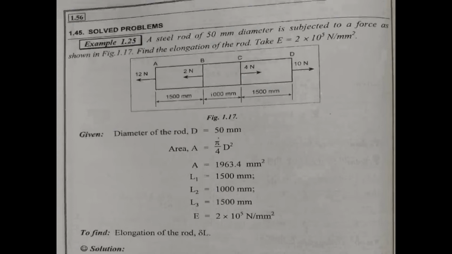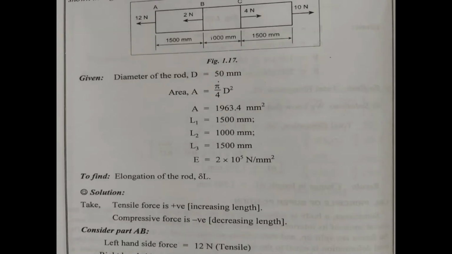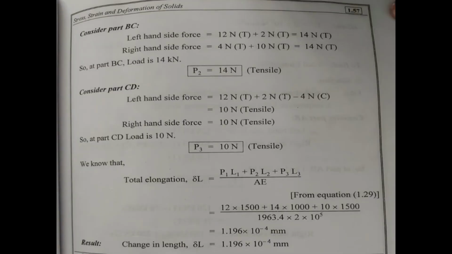Now we know the loads P1, P2 and P3. Next we want to find the elongation del L. Here we have three sections, so the elongation formula is del L equals P1 L1 plus P2 L2 plus P3 L3 divided by AE. A is the area of the section and E is Young's modulus.